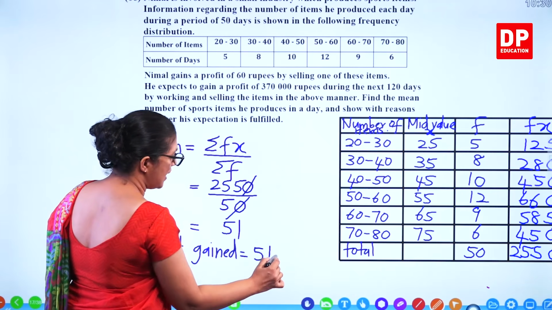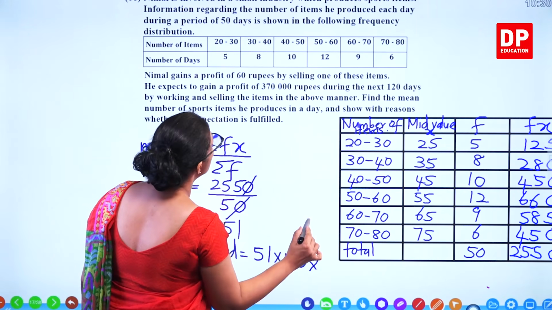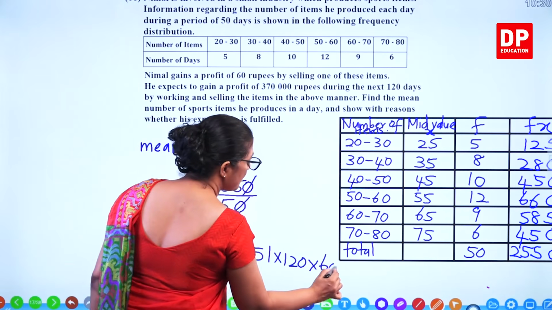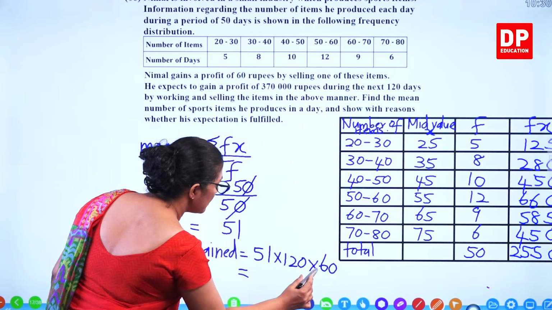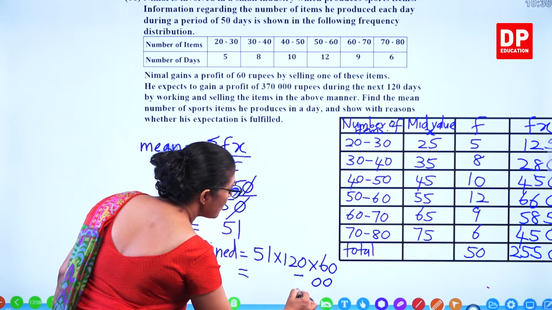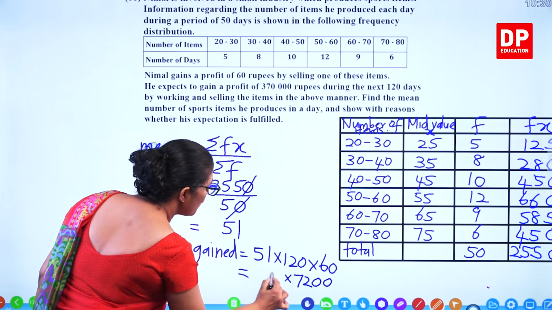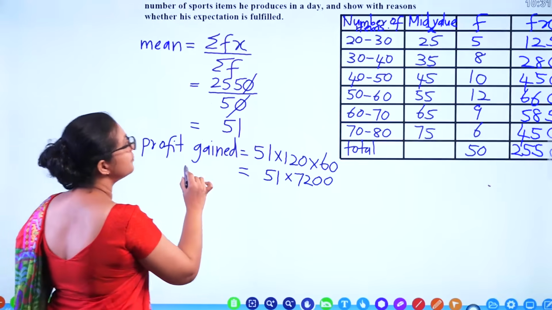$51 per day and 120 days are there, each with 60 rupees. So you get 6 times 2 zeros and then 72 into 51. So what's the value?